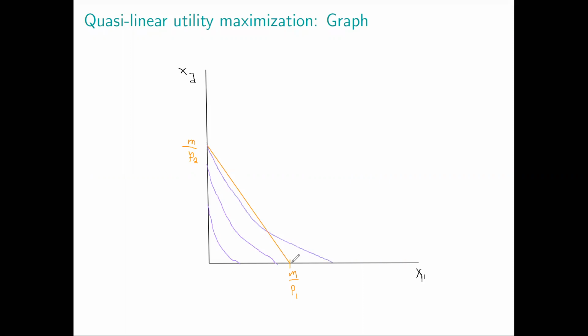But this means that there will be cases where maybe you're best off. Here is an example of utility functions where you're best off at this point, but there could be other ones where you're not going to be better off at the budget, right?